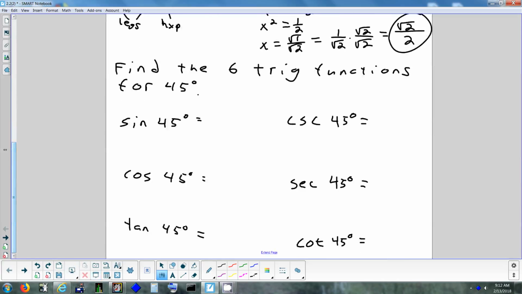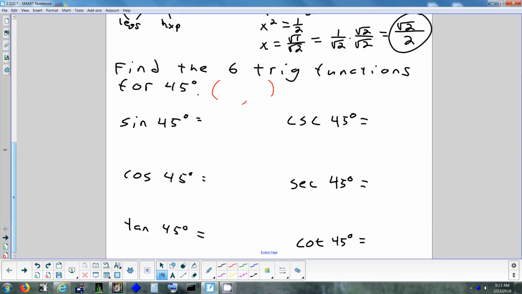Find the 6 trig functions of 45 degrees. Yeah, you've got to get the coordinate. If you can't tell me where that angle is on the unit circle, you can't do unit circle trig. So the first step is to figure out the coordinate. And now this should just come from memory. We don't want to go through all that stuff again.